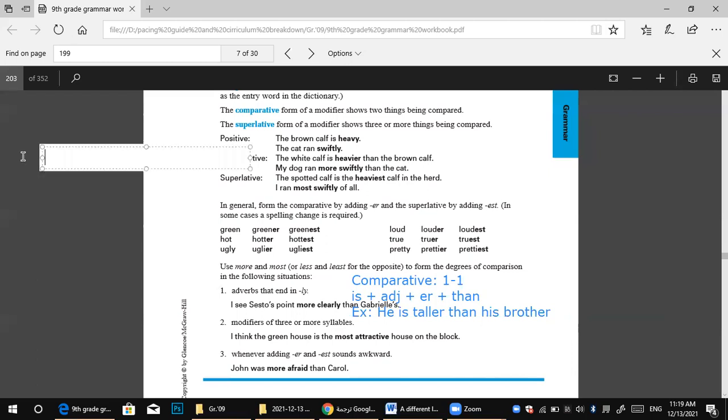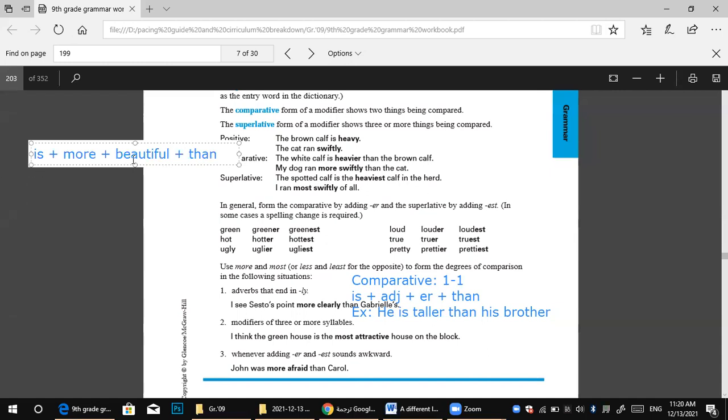For the long adjective, we write: is more beautiful than, with the noun.